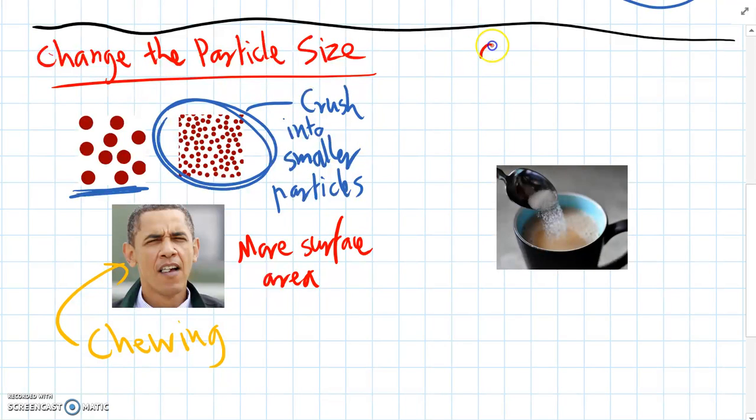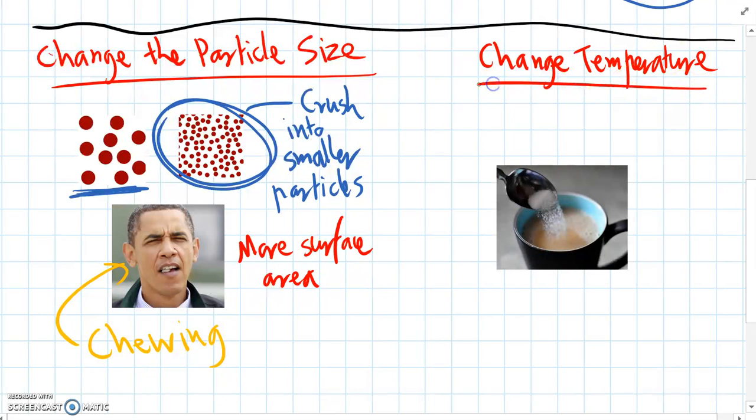The next thing we can do is change the temperature. So here we've got, if you pour in some sugar into a cup of tea, then if you have a higher temperature, that means the particles are moving a lot faster.